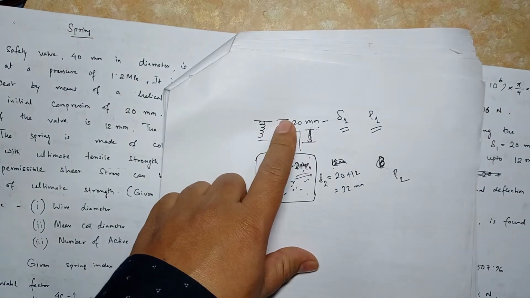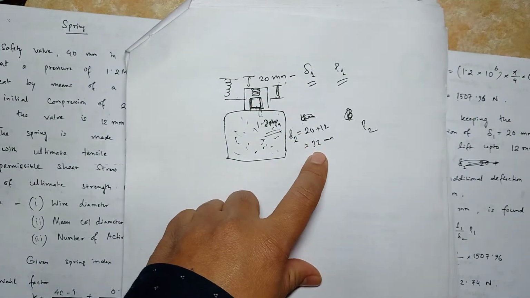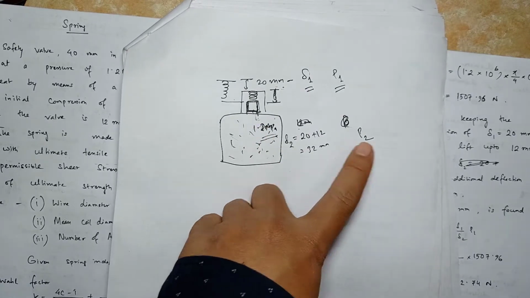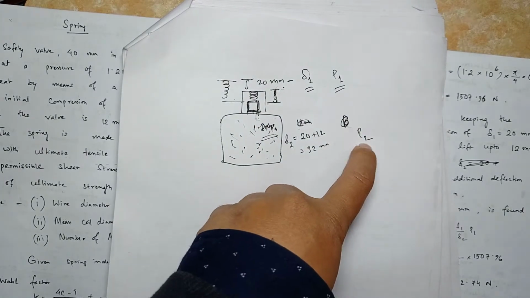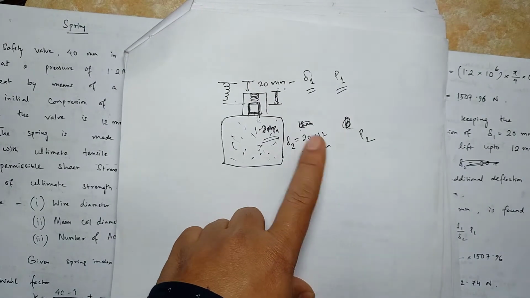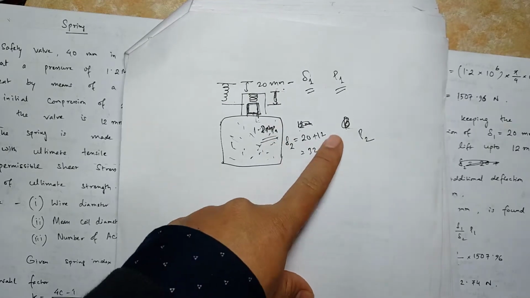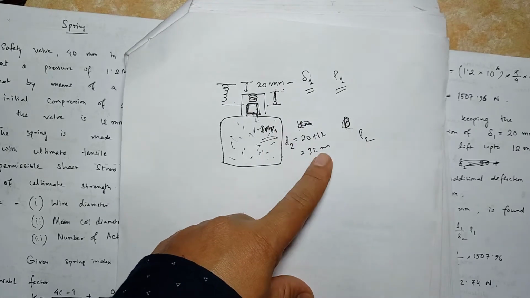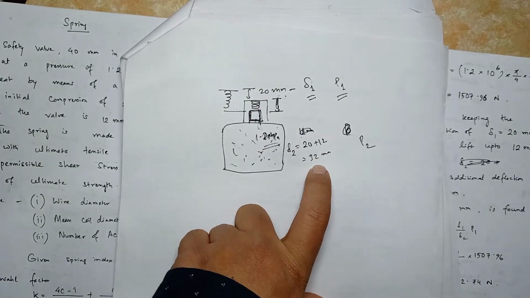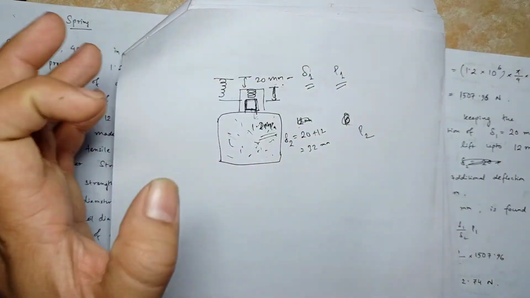Now the final compression is 32 mm, and the force will also be more. We have to design a spring that can withstand the maximum compression it can take.